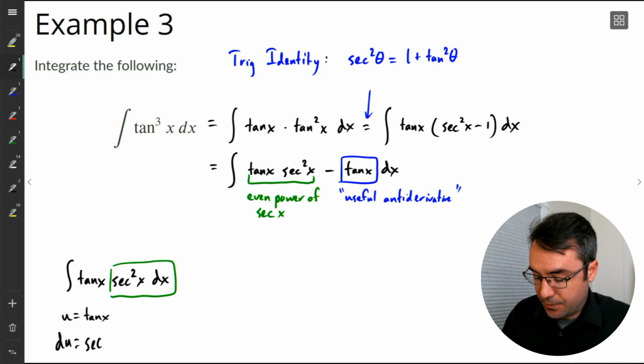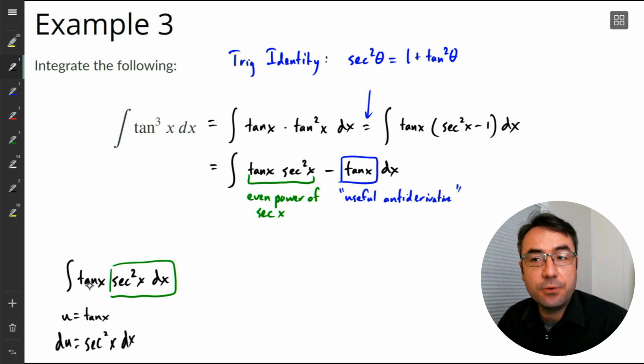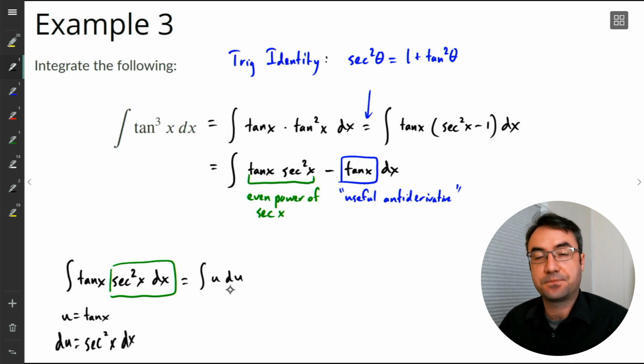It's secant squared. And so the tangent here, that's going to become u. And then the secant squared x dx, that's going to become our differential du. So this ends up just becoming u du once we plug in all our pieces.